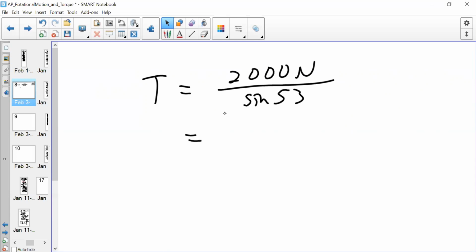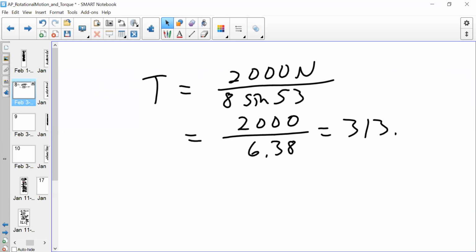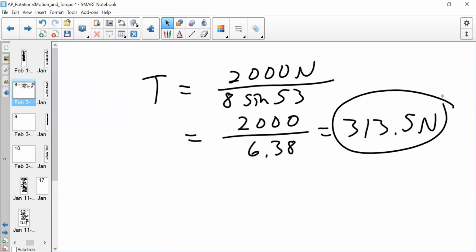And that's going to be, when you solve that out, divided by 8, 8 sine 53. It'll be 2000. So the tension is 313.5 newtons. I think that was perhaps pretty easy for you.